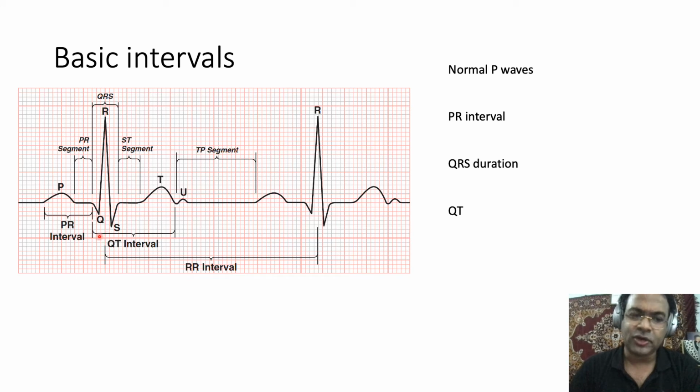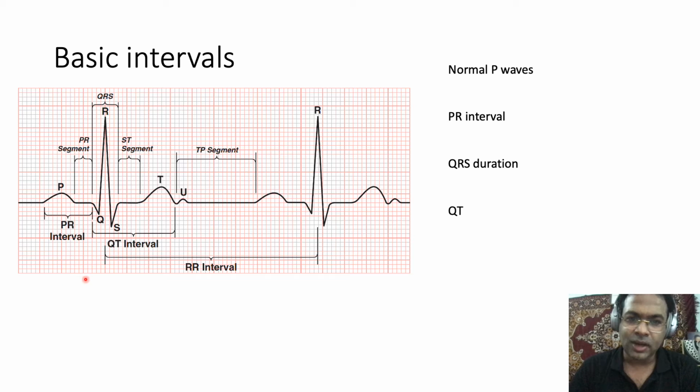Similarly, the QT interval is also important. It's from the beginning of QRS till the end of the T wave. Whereas the ST segment is basically isoelectric. Iso means zero movement. And that is from the end of QRS till the beginning of the T wave. So the segments are not important. Intervals are very important.